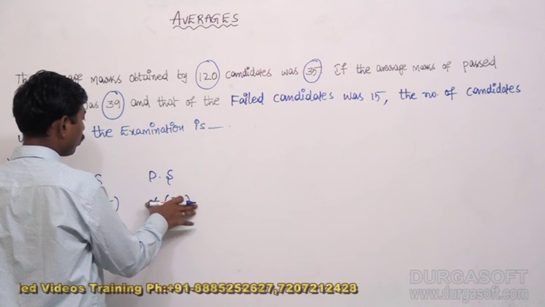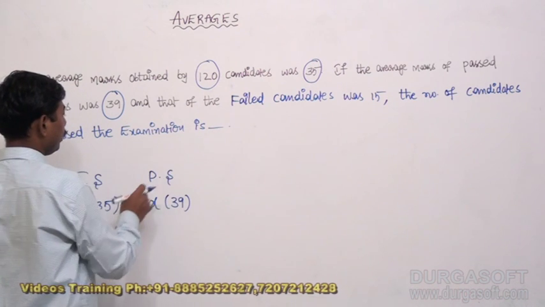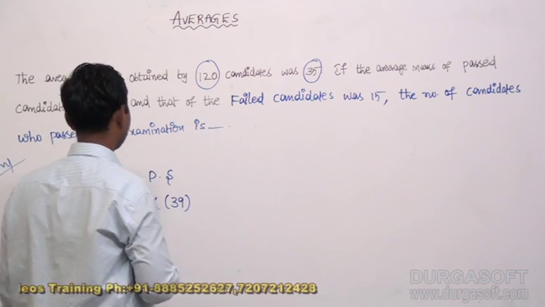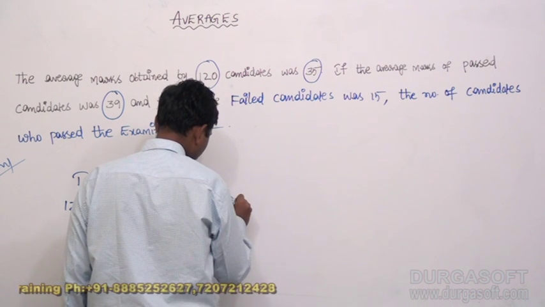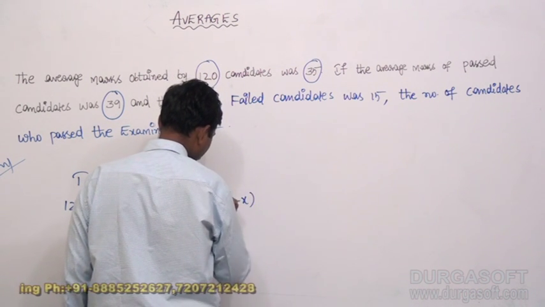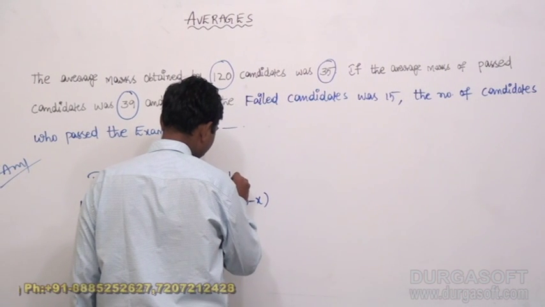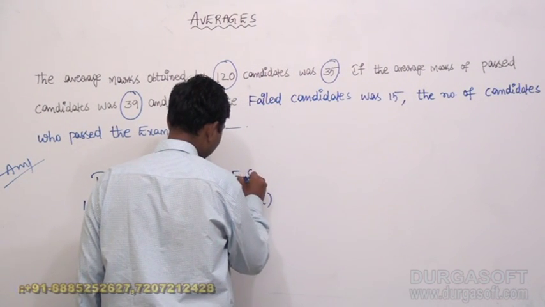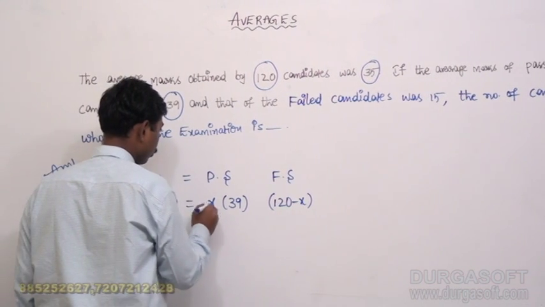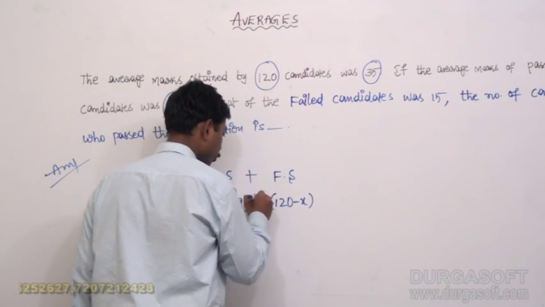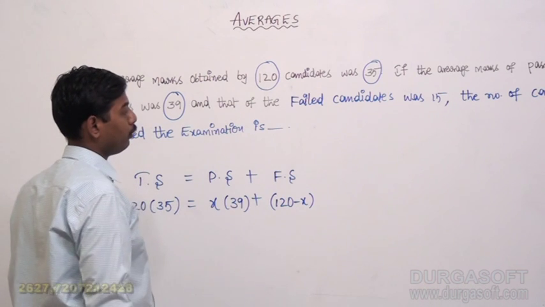This is the total sum of the passed candidates. Out of 120, X students passed, so 120 minus X students failed. The total summation equals the summation of the passed students and the summation of the failed students.